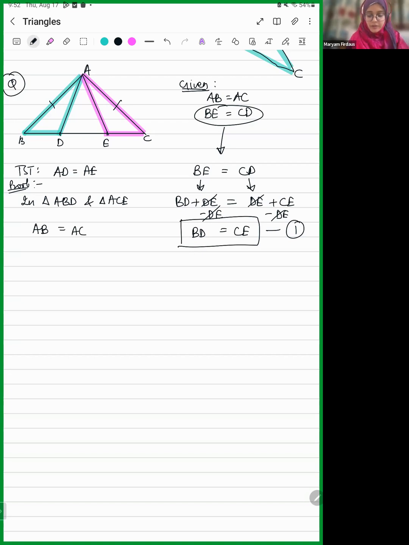What is the reason for this? Given. Then one more thing which we have just proven is that BD equals CE from 1.